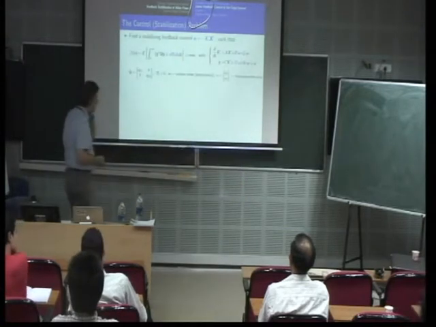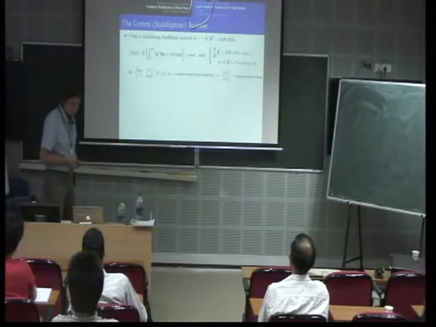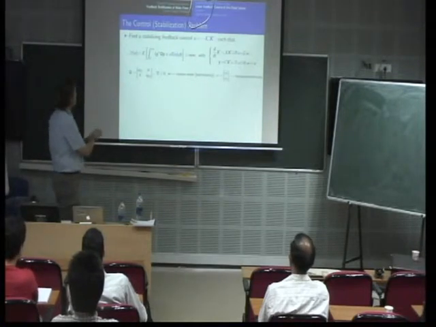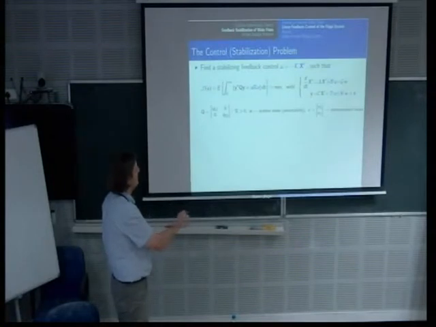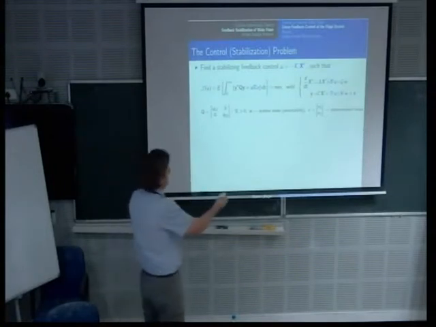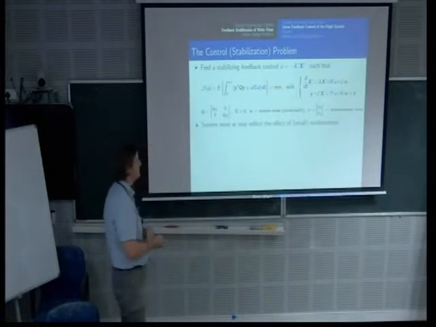So how do we find, well, first of all, how do we set up the problem? We're looking for a stabilizing feedback control, represented by the matrix K, where X prime is the state of the system, which will minimize some performance criterion. We do allow for noise both in the system and in the measurements, which gives rise to the canonical form.